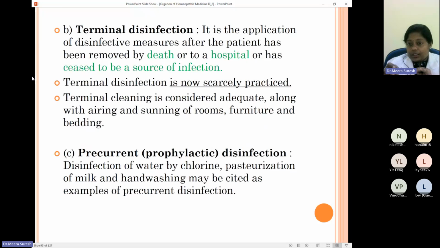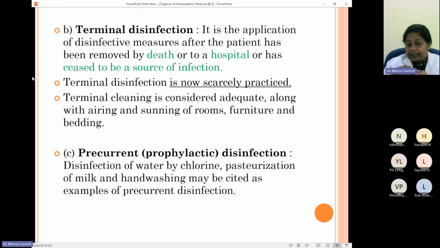The sun and air are considered natural disinfecting agents; once in a while we keep our mattresses outside in the sun to kill the microbial organisms. So terminal cleaning is considered adequate when we not just clean the room with chemical disinfectants, but also the things used by the patient, the furniture, the bedding, and the room itself, opened for aeration and the entry of the sun rays.